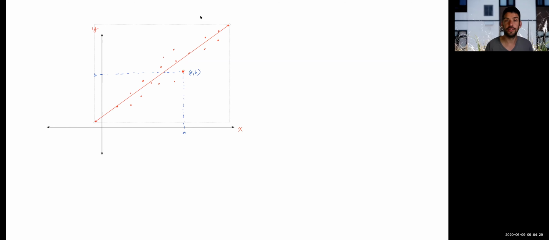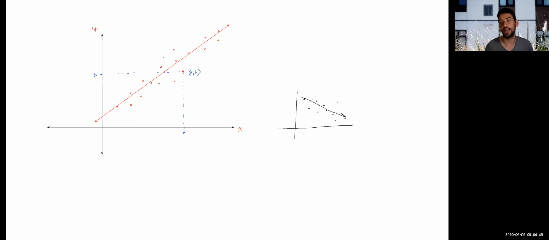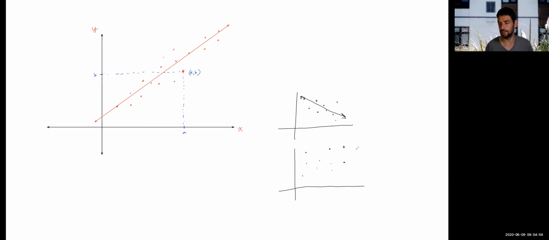I want to point out that depending on what the data looks like, we may or may not be able to do this, right? So for instance, here's some data that looks like it has a good match. That's linear and positive, a positive slope. It could end up looking like this, and maybe it has a linear and negative slope relationship, but it might also look like this, right? There doesn't appear to be a linear relationship between these.